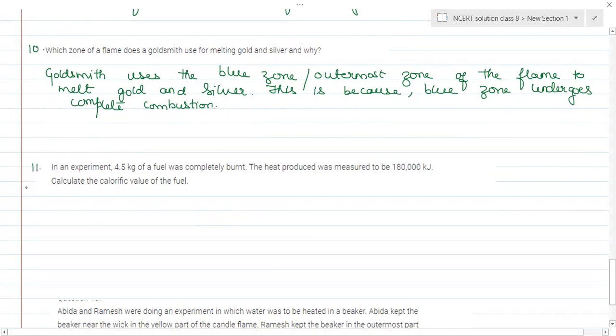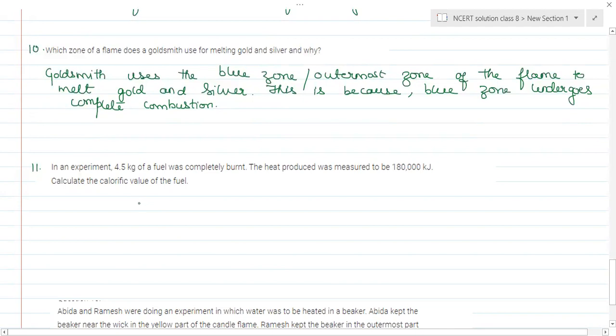Now the 11th question has high probability of occurring in your exams. This is a numerical, and this is usually asked as one bit of a question in your half yearly or your annual exams. In an experiment, 4.5 kilogram of a fuel was completely burned. The heat produced was measured to be 180000 kilojoules.